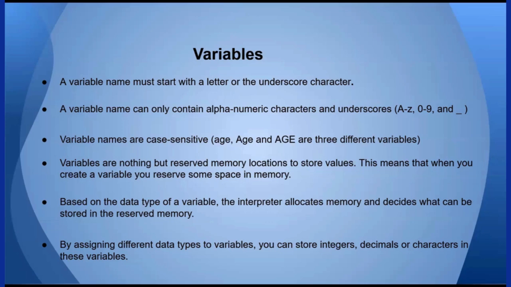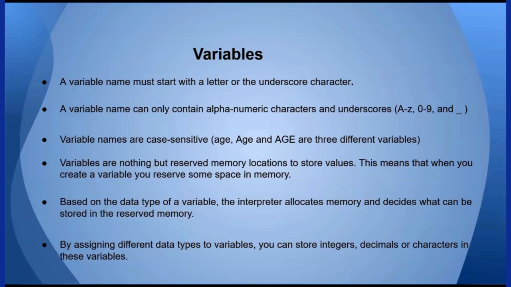Now, if we have to give a variable name, there are some constraints. The variable name will always start with a letter or an underscore sign, so you cannot start with a number. Variable names are a combination of numbers, characters and special characters, but the only special character allowed is underscore. Other than that, you cannot use any special character.